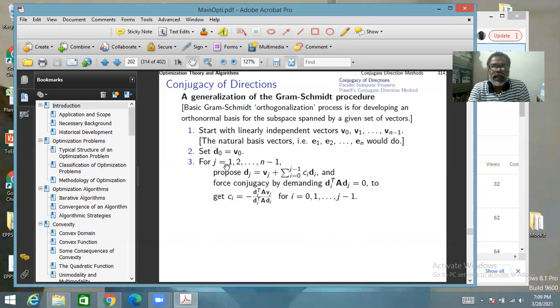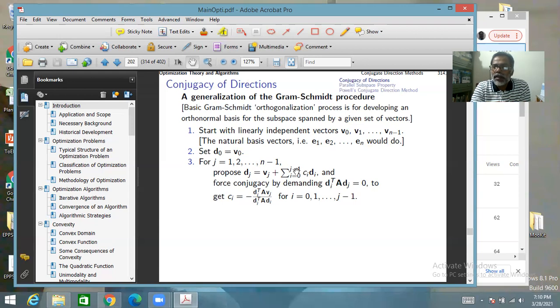Okay. Next point onwards, at any step, you propose dj as the jth one from this top, vj, plus a linear combination of the earlier directions that you have generated. And then simply demand this to be conjugate to all the old ones sitting here up to j minus 1.